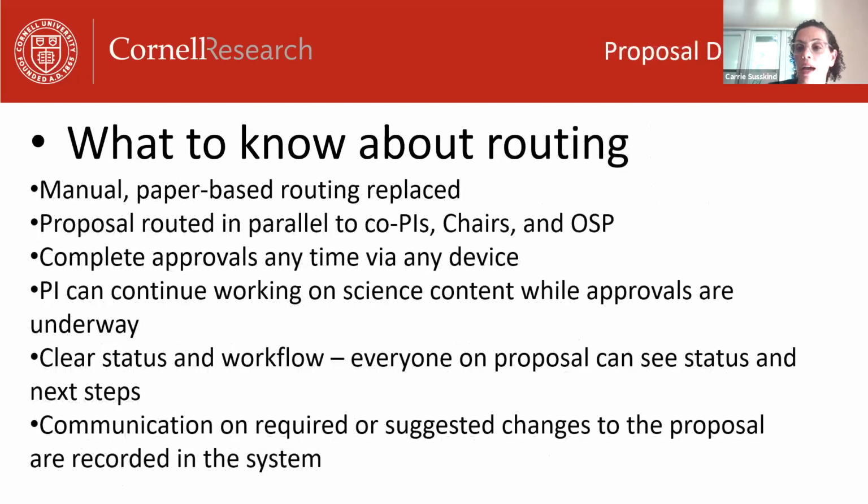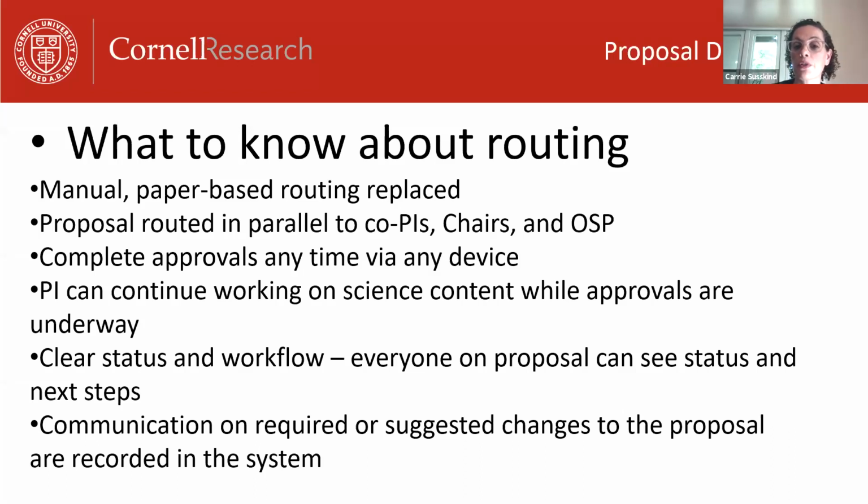In addition to that, with the proposals comes the ability to route that proposal for signature. Ultimately, we're replacing the manual paper-based routing process with the Form 10. The system supports what we call parallel routing. What that means is once you've submitted it, it's going to go to various people for their either attestation or approval of that proposal.